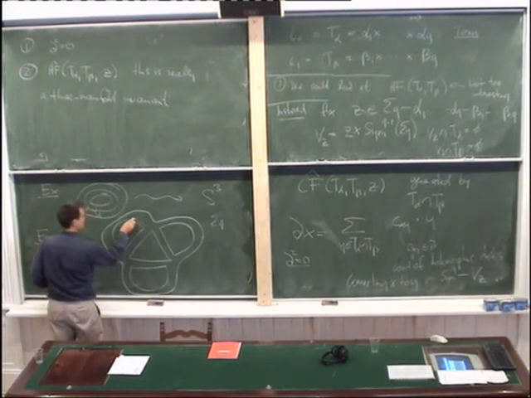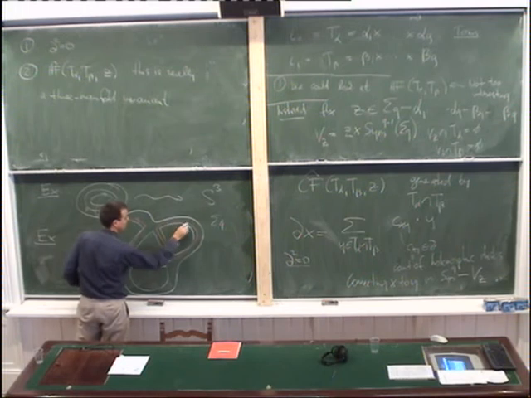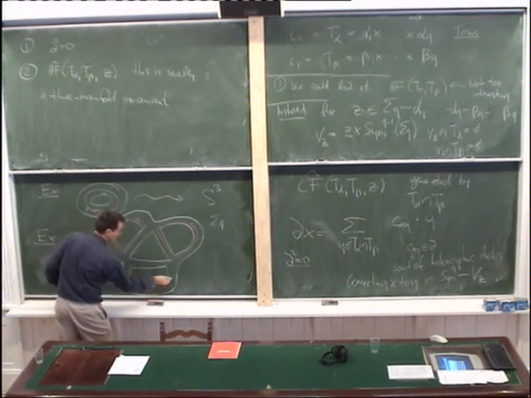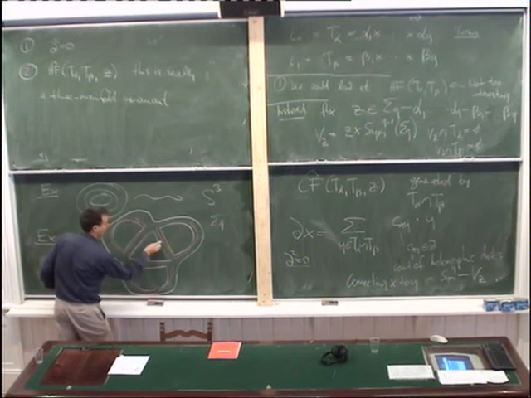So let that be alpha 1, alpha 2, alpha 3, alpha 4.